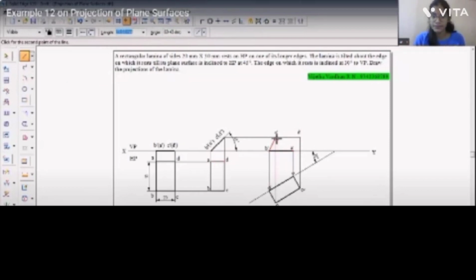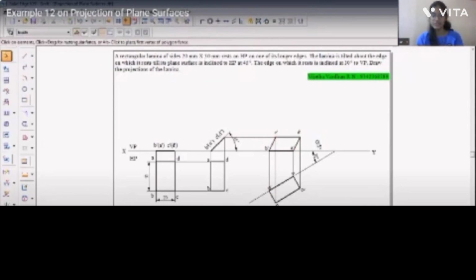Let us join them with the visible line. This is how the rectangular lamina looks when its surface is inclined to HP at 45 degrees and its edge on which it rests is inclined to VP at 30 degrees.